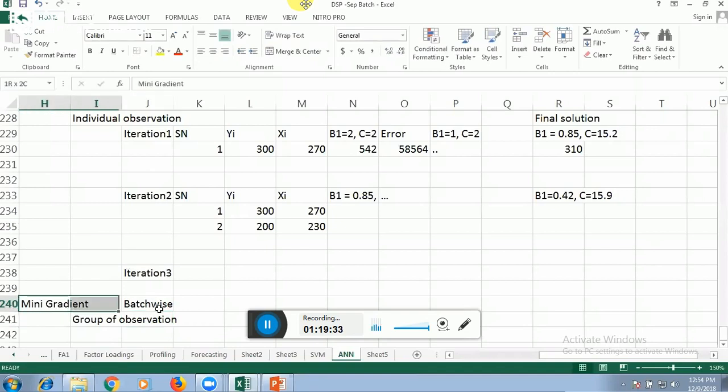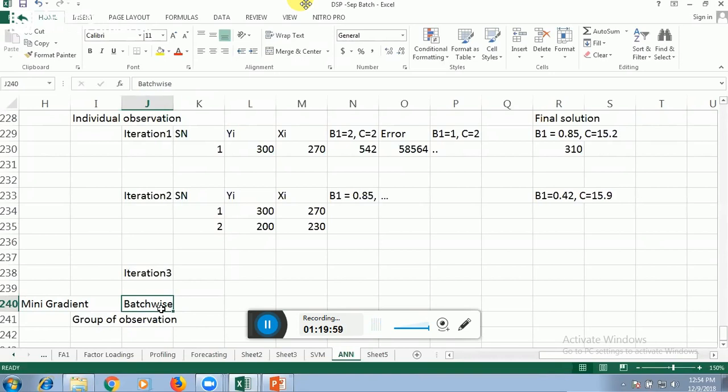Most commonly it is mini gradient, because you will approximate the beta value in the first batch itself, so it will be faster. Instead of taking individual observations, you are taking them group wise. There is no difference between SGD versus mini gradient. In SGD, you take one observation at a time.